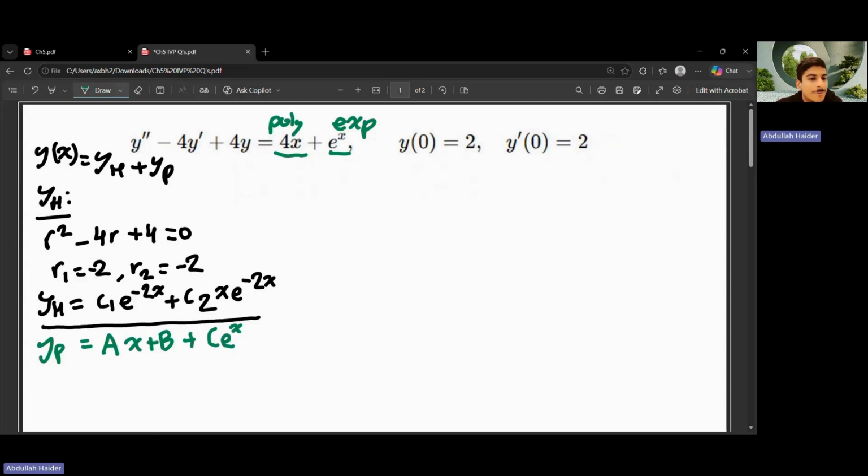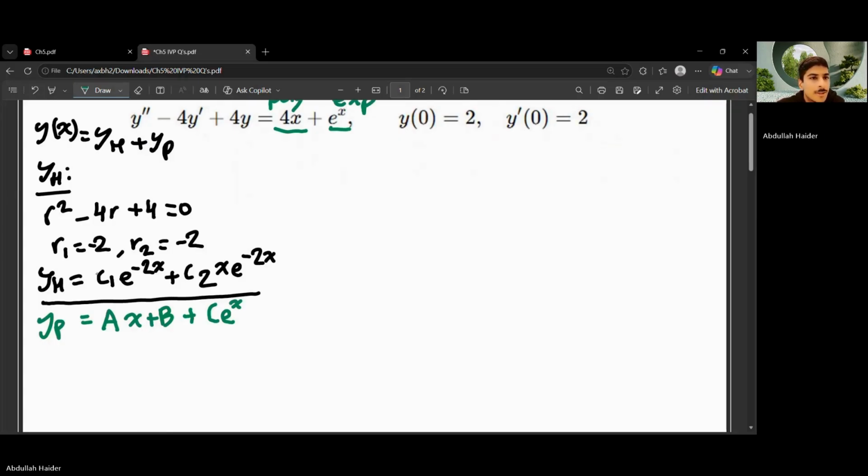But now the initial value problem is asking us to find c1, c2, and a, b, c. We need to find a, b, and c. So we will take the first derivative and the second derivative of yp and substitute it in this equation, and then match the coefficients.